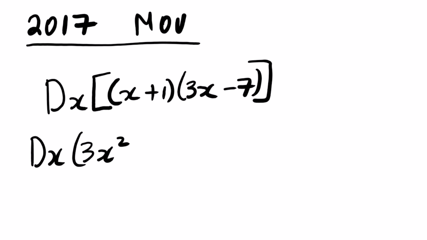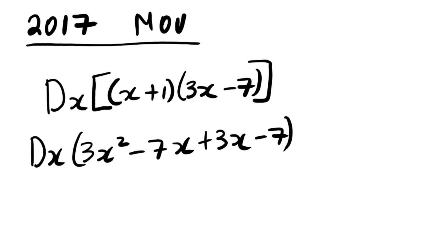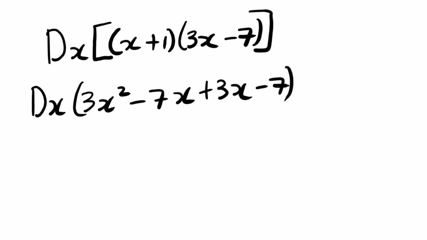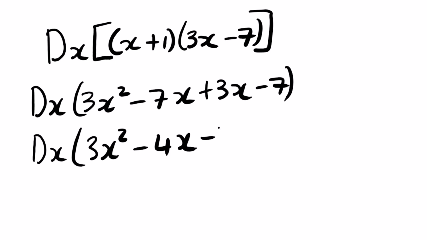X multiplied by negative 7 is negative 7x. 1 multiplied by 3x is positive 3x. 1 multiplied by negative 7 is negative 7. Negative 7x plus 3x is negative 4x, minus 7.